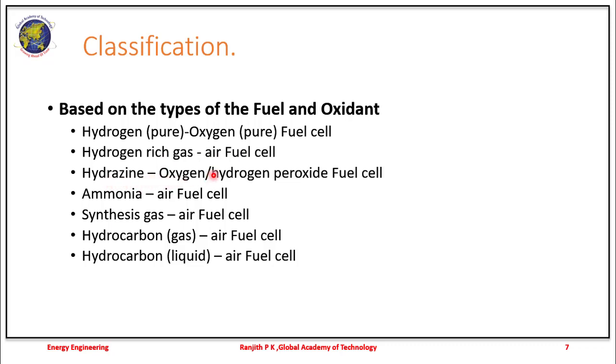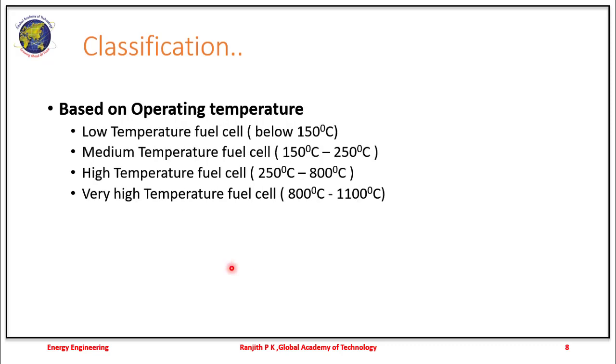In the hydrazine, oxygen or hydrogen peroxide fuel cell, hydrazine is the fuel and either oxygen or hydrogen peroxide is used as the oxidant. Similarly, there are ammonia air fuel cell, synthesis gas air fuel cell, hydrocarbon gas and air, and hydrocarbon liquid and air.